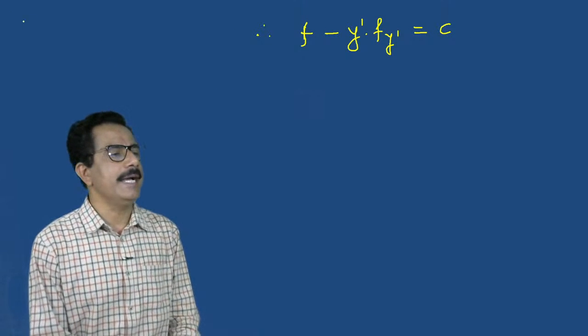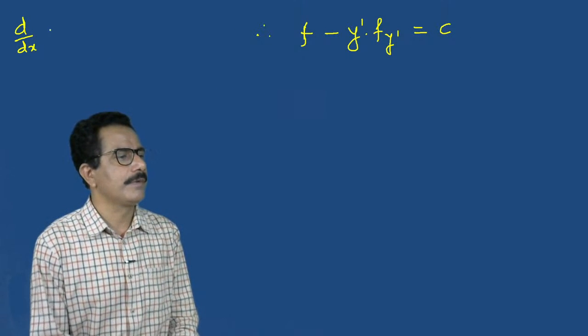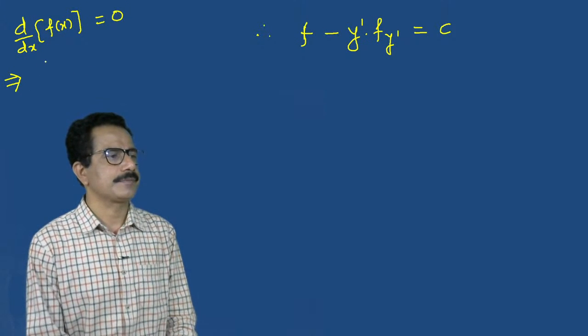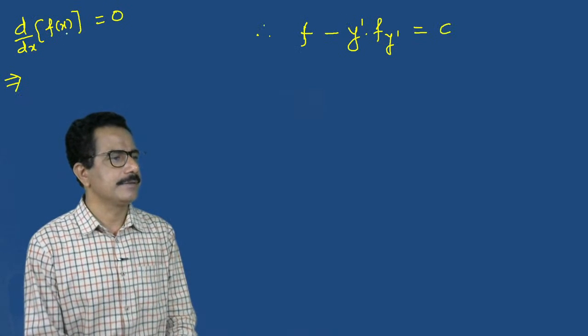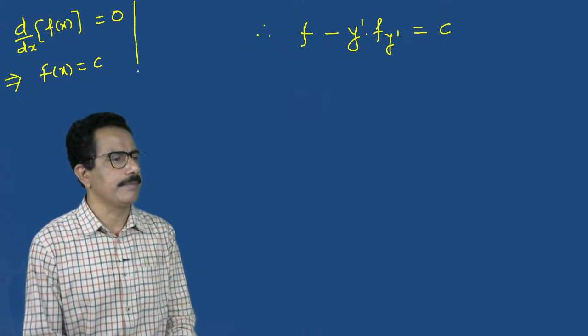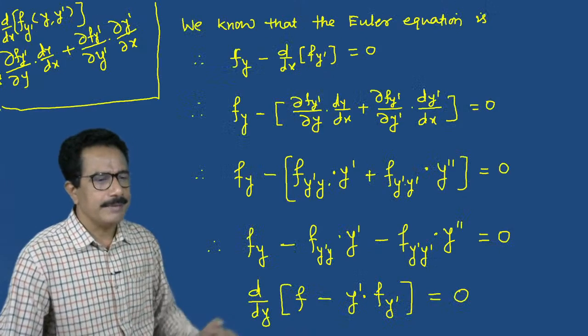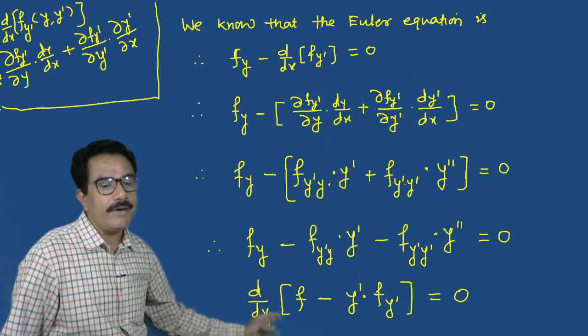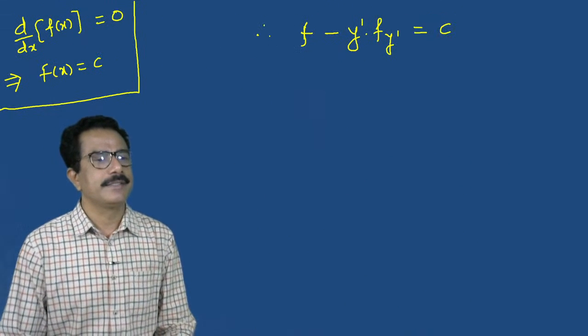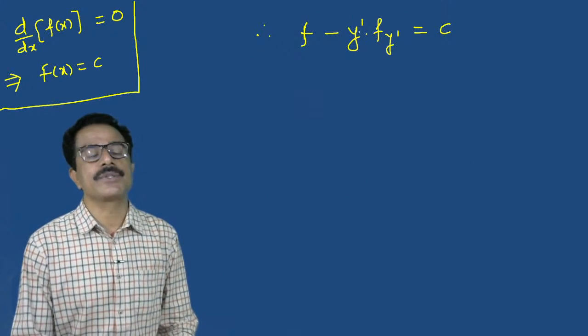इथं नोट कारण द्या, derivative of, suppose f of x is equals to 0 असतो, this implies that f of x is equals to c. Same way, d by dy of this bracket is 0, then we can say that this bracket is constant.